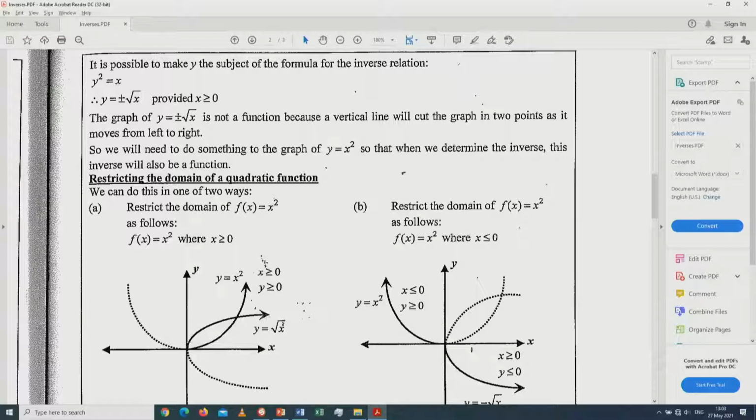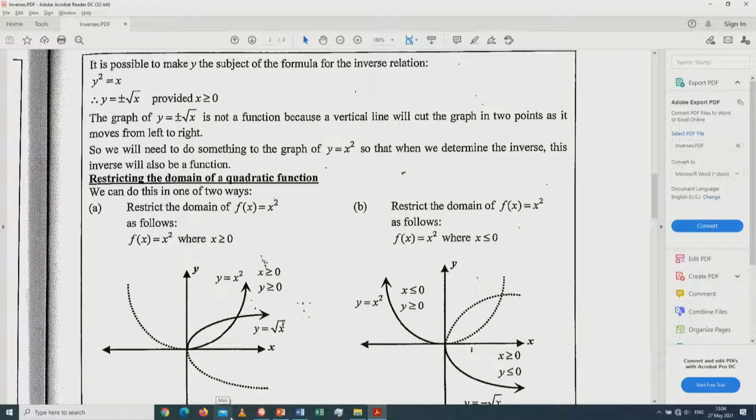So it means we have restricted the domain of the function f. After restricting the domain of f, the inverse of f also becomes a function. If the domain was not restricted, the inverse was not going to be a function because a vertical line test will cut it twice.